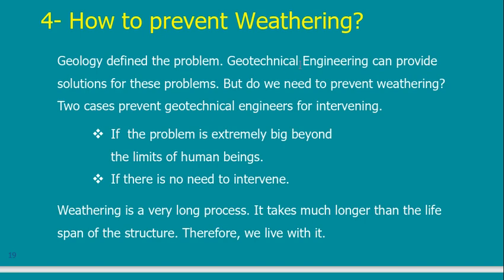If I tell you that I want to build a building on top of a volcano, you will tell me no, I cannot do this. This is beyond my capability. I don't have the engineering tools to help you put your building on top of the crater of a volcano. If the problem is extremely big, beyond the limits of human beings, I cannot do anything about it. I will tell you, change the location of your building.